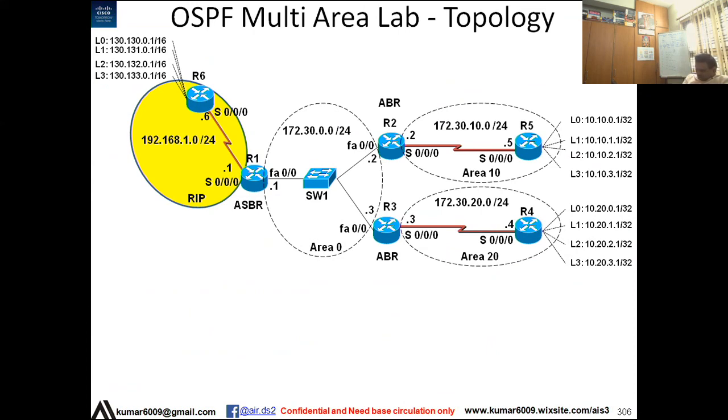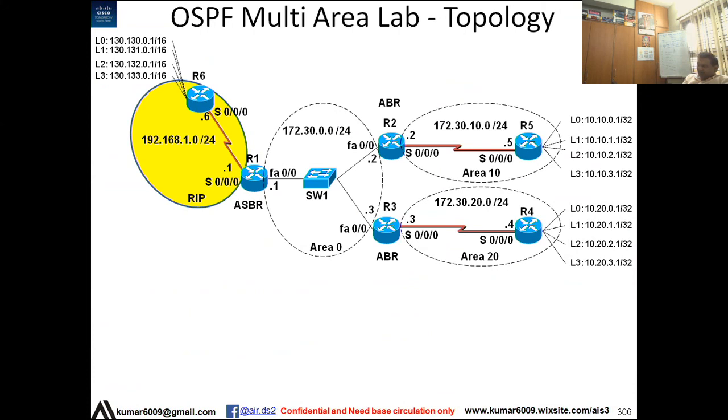Then it will go to the router configuration mode. Network 10.0.0.1/32. 32 means 0.0.0.0 wildcard, area 10. Understand? So this is the way you configure.